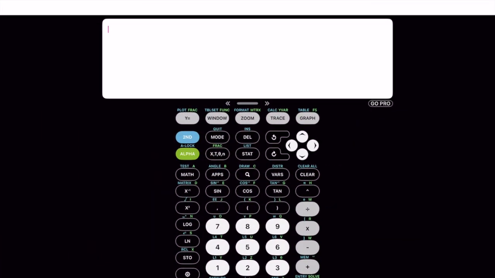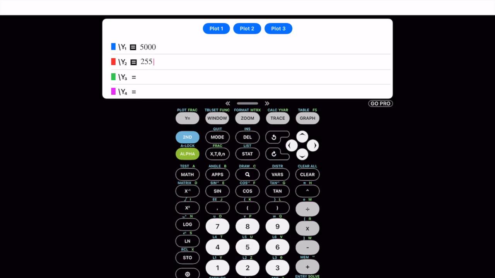We are first going to hit y equals, which is right below the graphing. From there, we're going to type in 5,000 for y1. Then we're going to go into y2 and type in the other, which is 2,500 times 1.02 raised to the x.